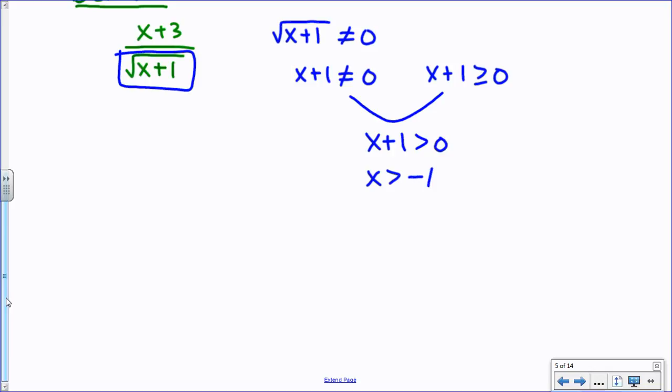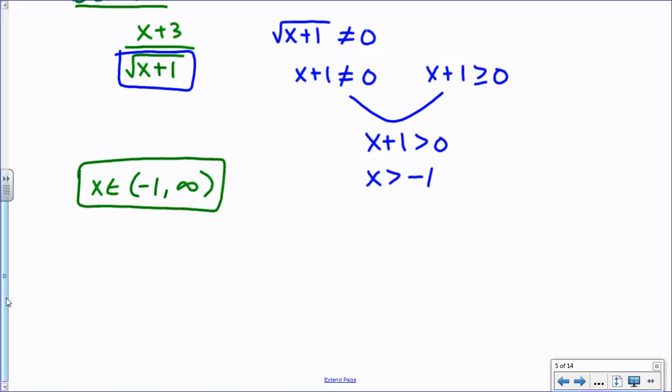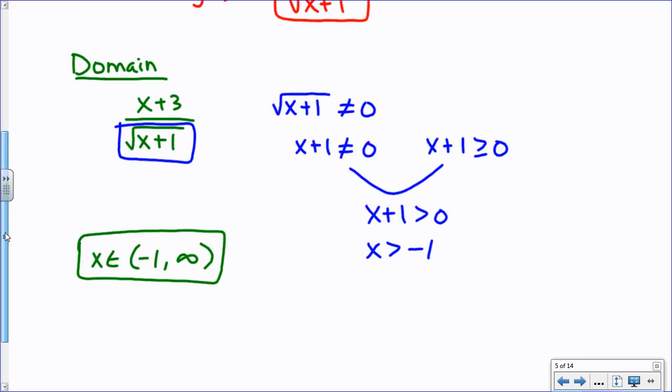And that is what I will use to write my domain. So greater than negative 1 means parentheses at negative 1 since it's not equal to, and then it goes to positive infinity. That's the domain.